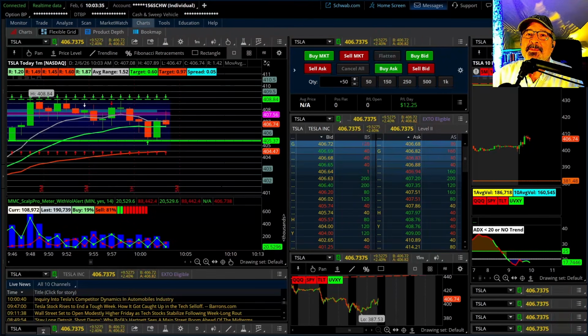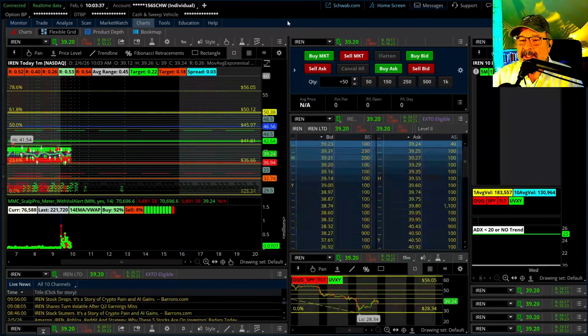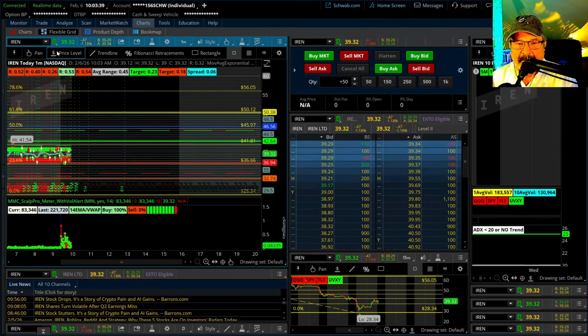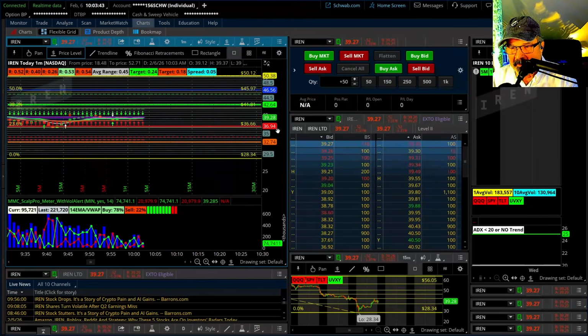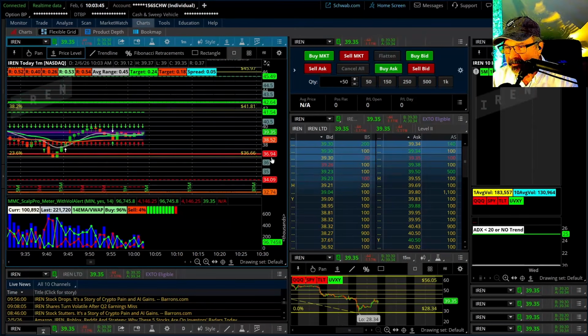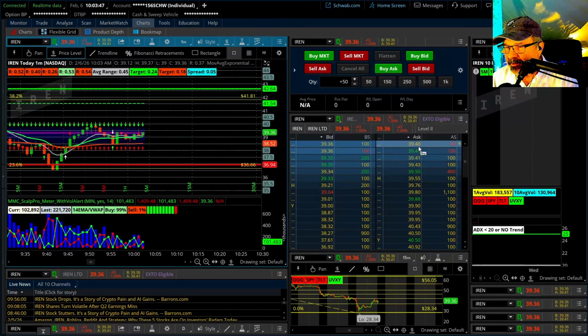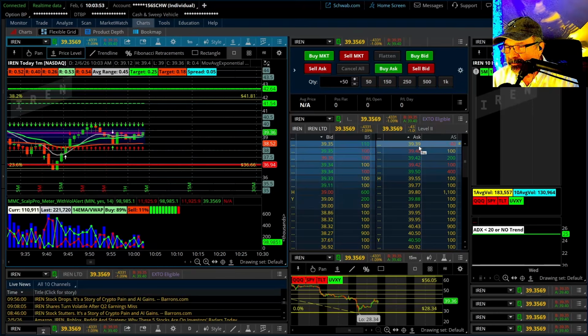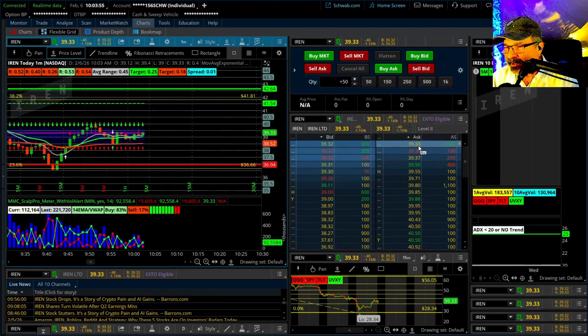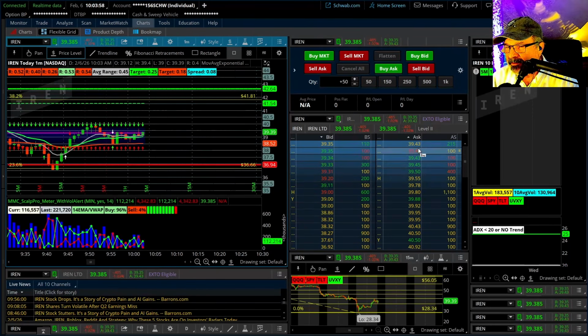See, this one is moving, just consolidating. Let's look here first. That was 8 cents. Moving roughly 4 to 8 cents.